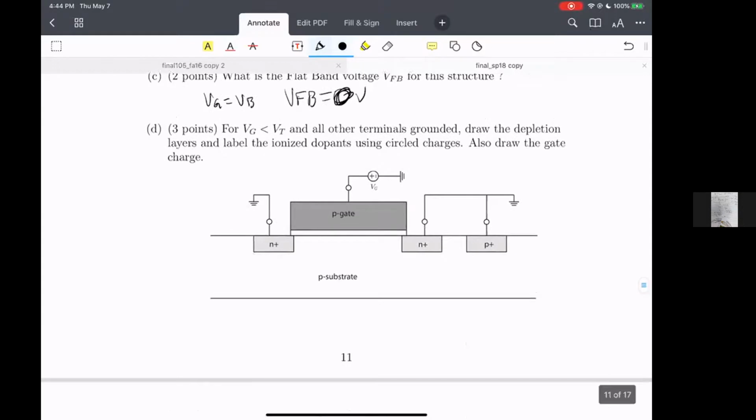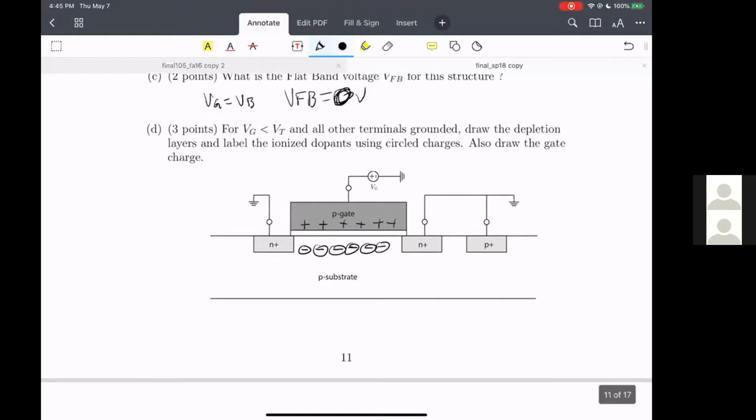And then looking at part D, this is kind of like a MOSCAP where you start to attract carriers here, and then you're also going to start having these ionized dopants.